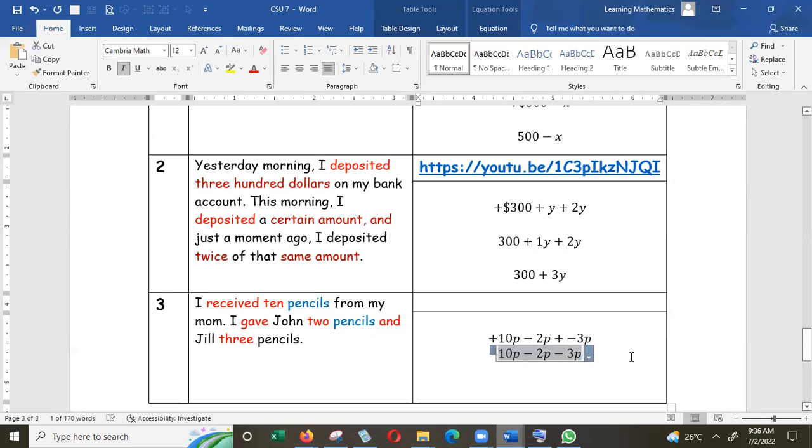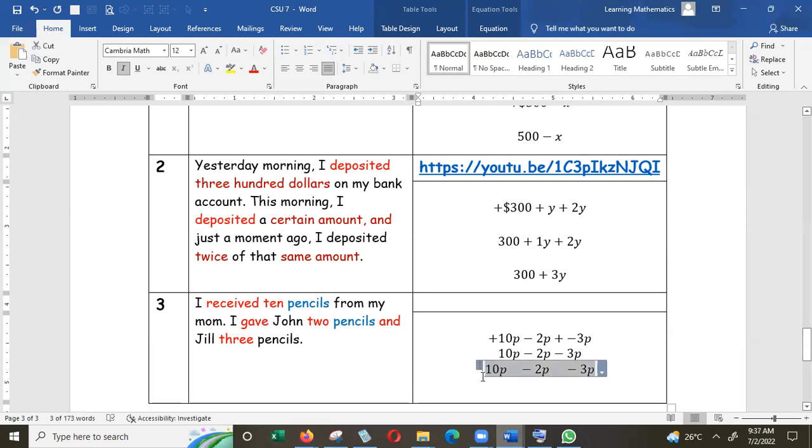So basically, you took away 5 pencils in all. Here you started with 10 pencils and you took away 2 pencils, and then you took away 3 pencils. So take note of that.